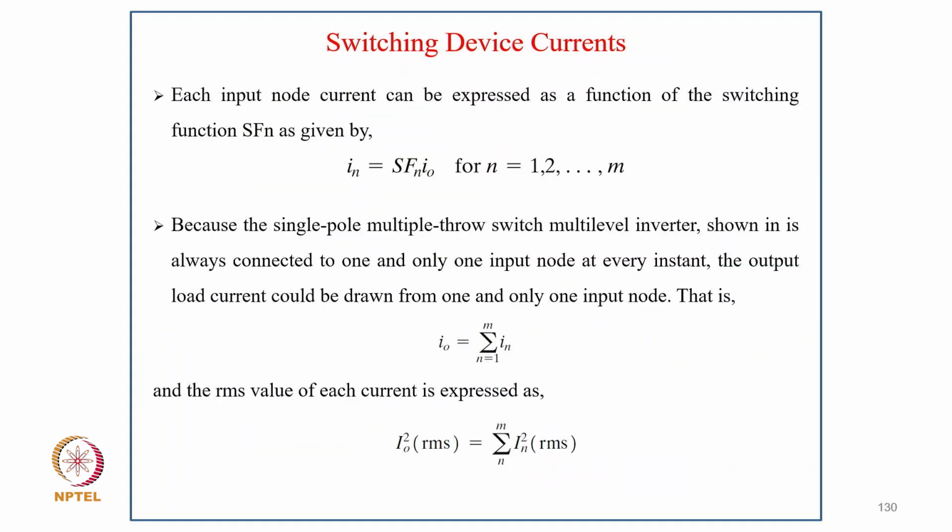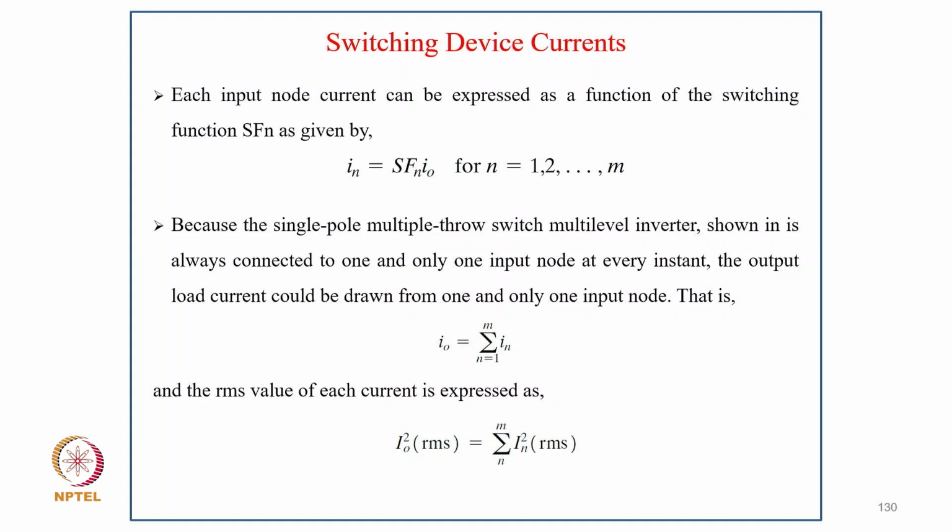So coming to switching device current, each input node current can be expressed as a function of the switching function Sn, as given by In equal to Sn × i0 for n equal to 1 to m, because the single-pole multi-throw switch of the multilevel inverter pole is always connected to one and only one input node at every instant.